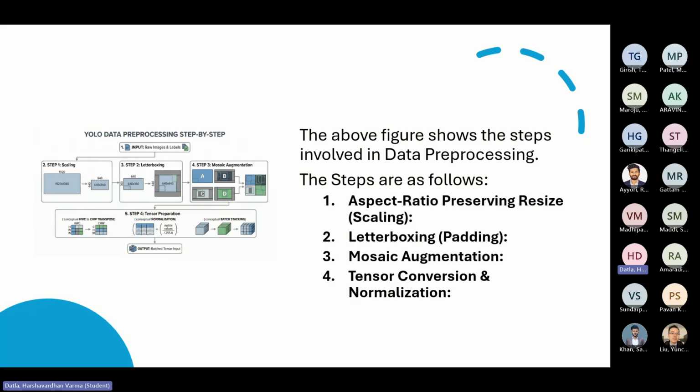The first step is the aspect ratio preserving and resizing. The second step is letterbox padding. The third step is mosaic augmentation. And the fourth step is tensor conversion and normalization.